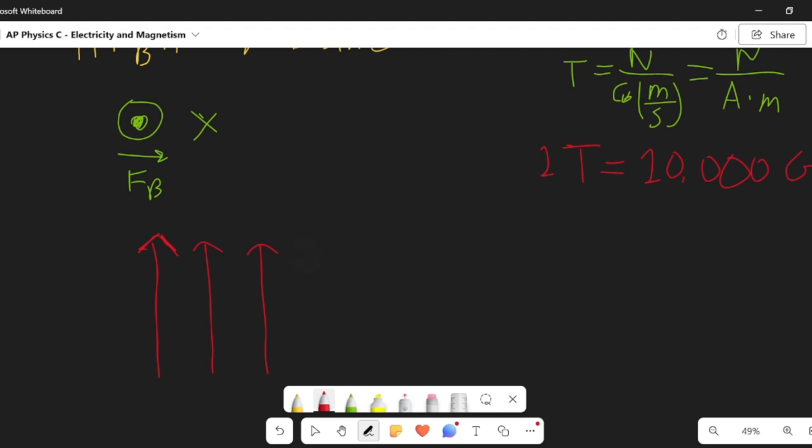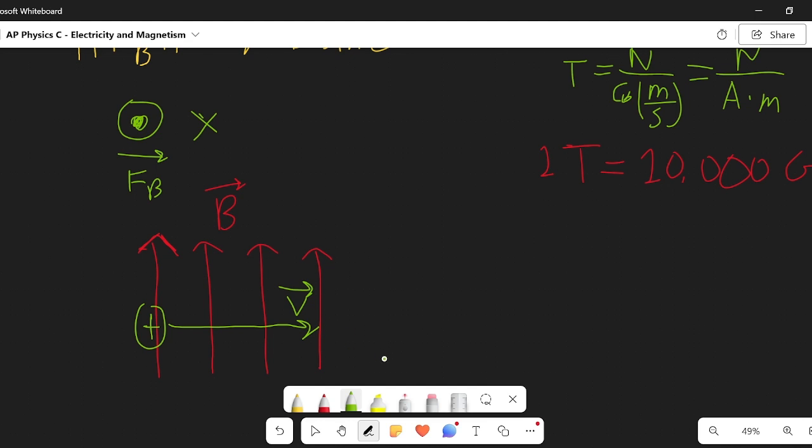Sorry, the whiteboard's so laggy sometimes. This is the direction of our magnetic field. And now let's say that we have a positive charge moving in the direction like so, the velocity vector is so.